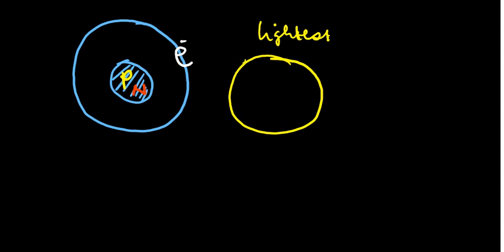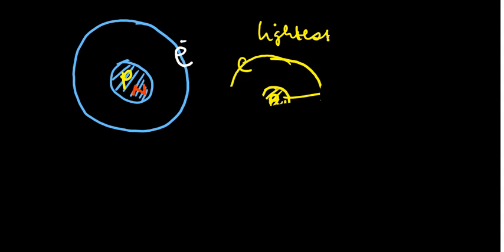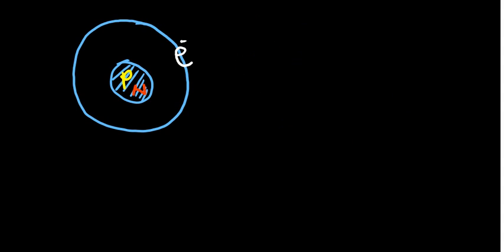So this electron goes around the nucleus. But the protons and the neutrons are stationary. These do not move. The only thing that moves are electrons. We're going to see the importance of the movement of these electrons that we have highlighted.